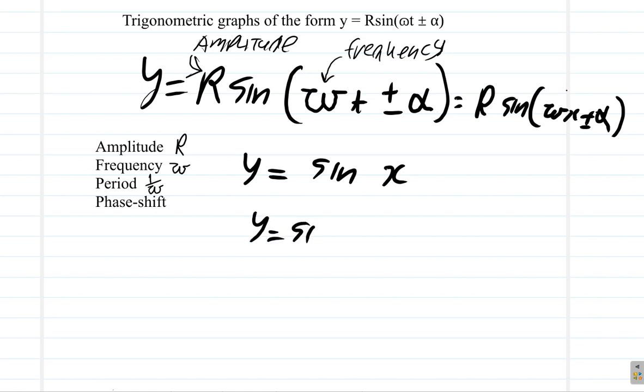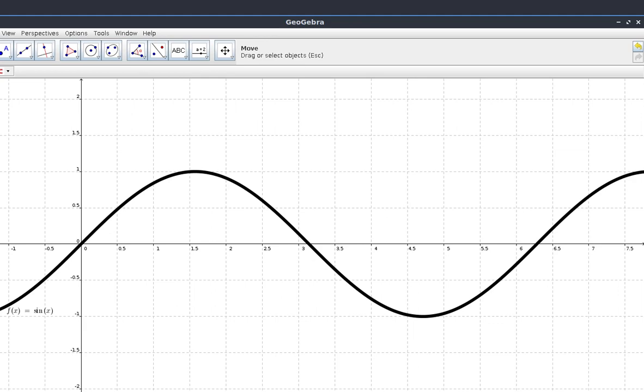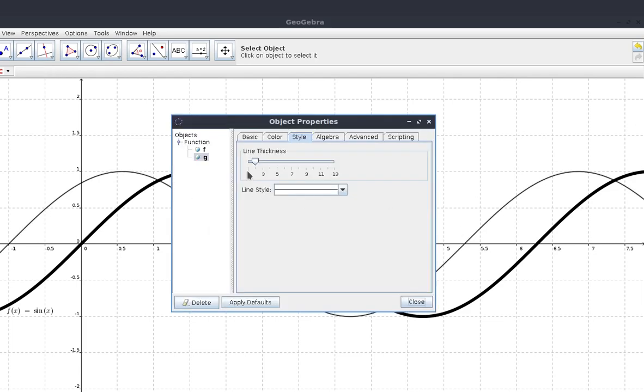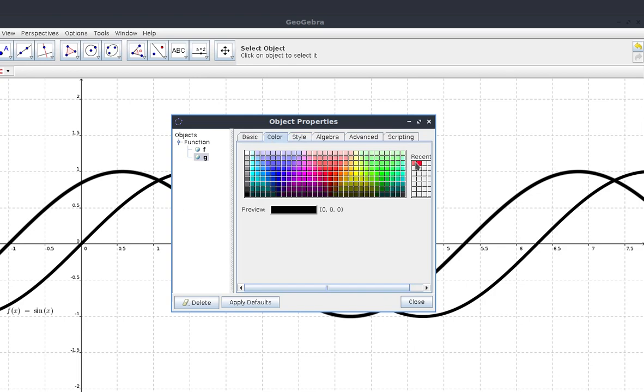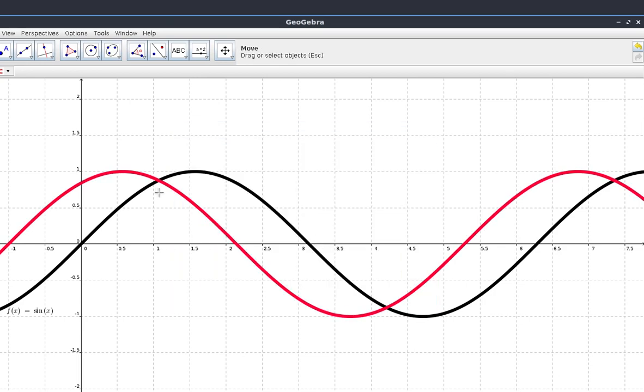Y equals sine x plus 1, alright? So it's sine of x plus 1, close bracket. Okay. Let me just make the necessary changes to this: the thickness, the color.